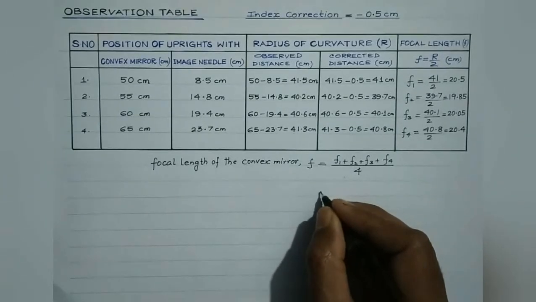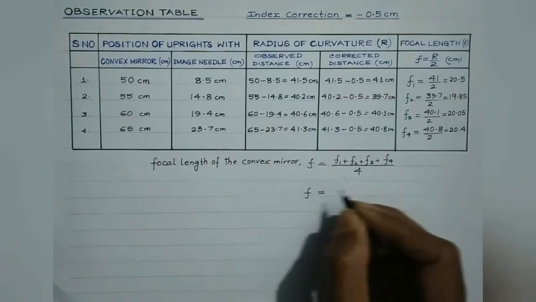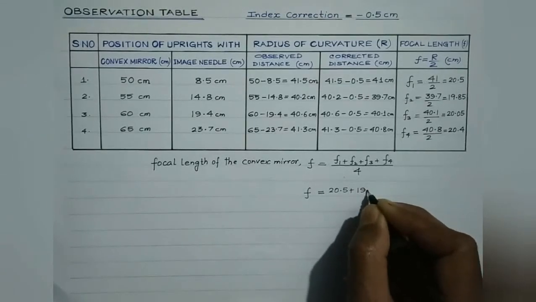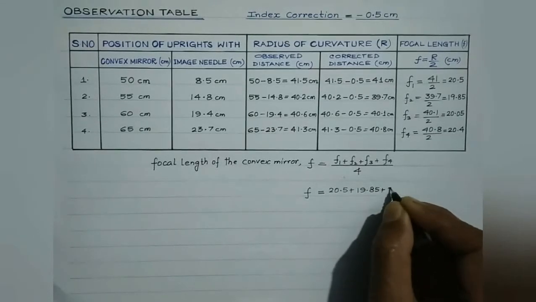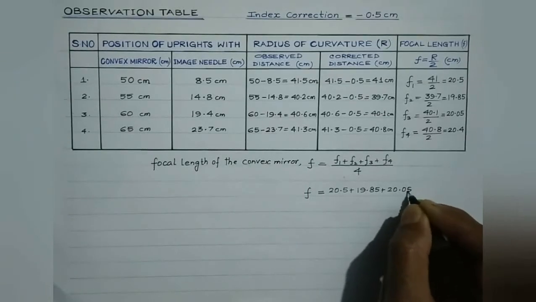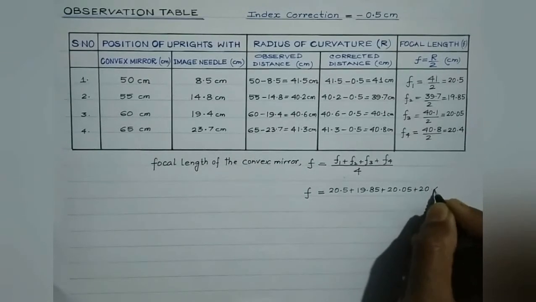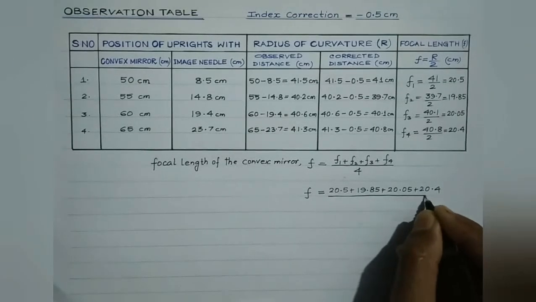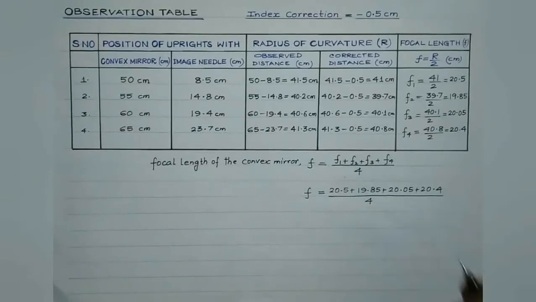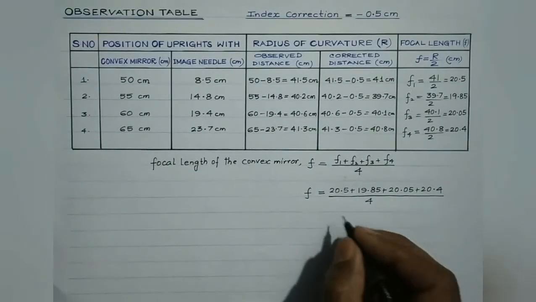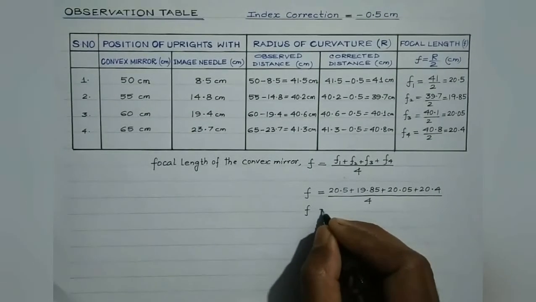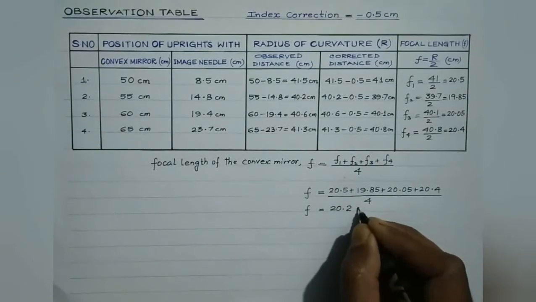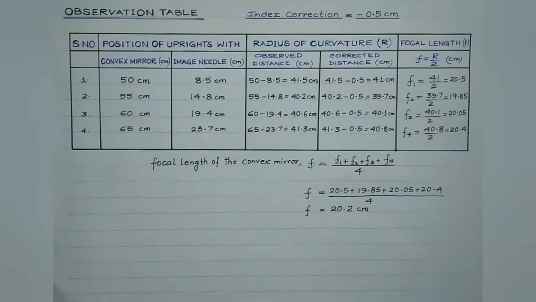So substituting these values, what we get is f equals 20.5 plus 19.85 plus 20.05 plus 20.4 divided by 4. So students, it comes out to be about 20.2 centimeter. So that's the result.